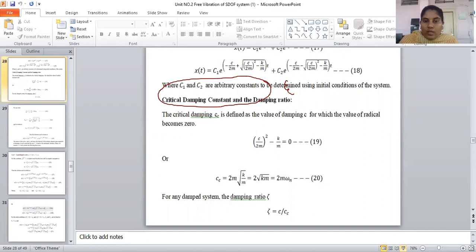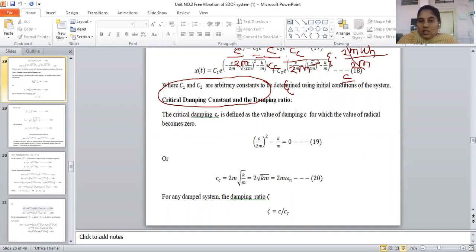Okay. So that C by twice M, if we put this C by twice M over here, and if we convert this C by Cc into Cc, that Cc and that Cc getting cancelled, that Cc by twice M. But we know that C by Cc is nothing but zeta, into that Cc upon this twice M. Cc is nothing but twice M omega n. That formula already we know. Divided by this M. That twice M, that twice M will be getting cancelled.